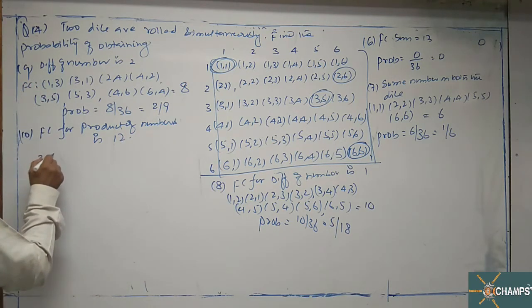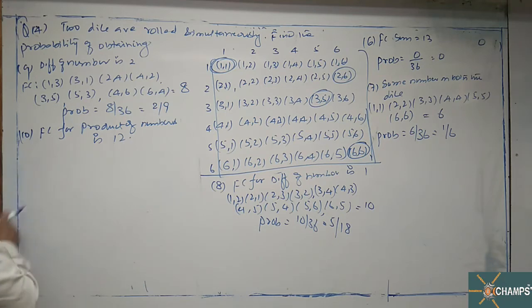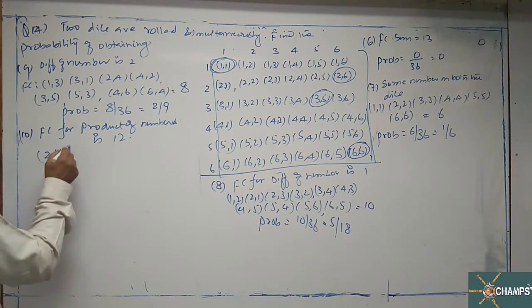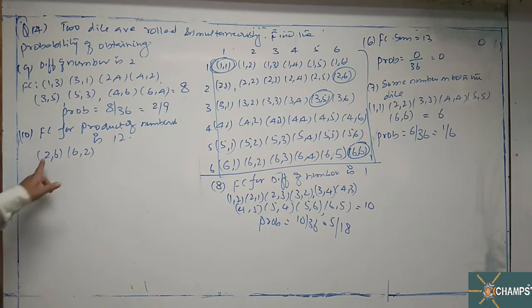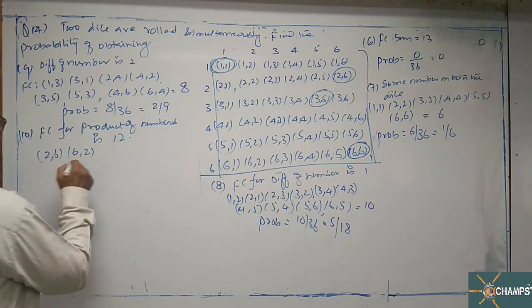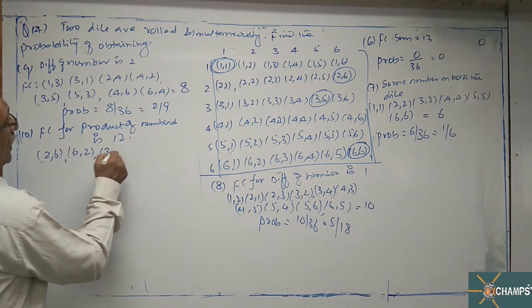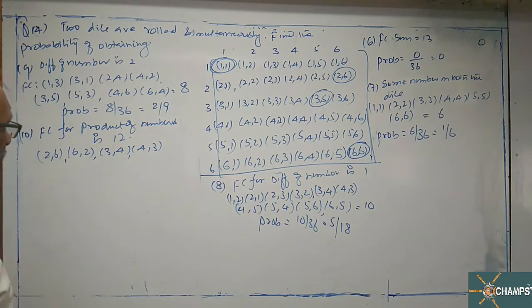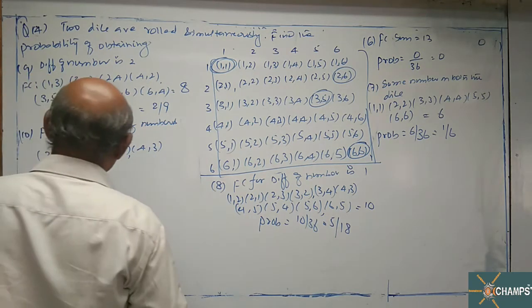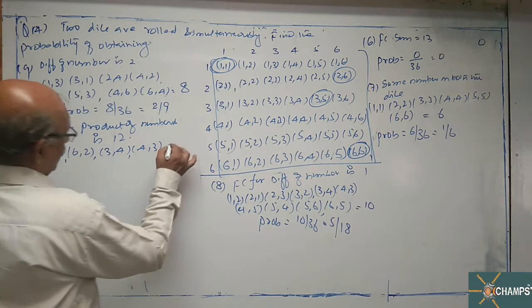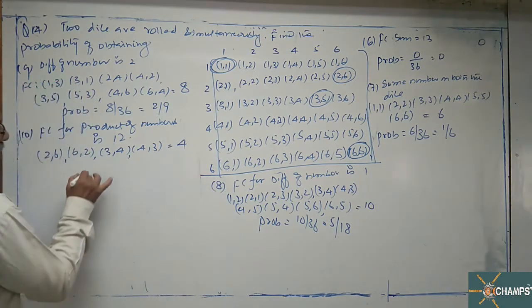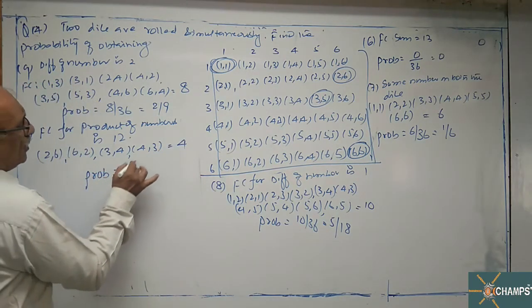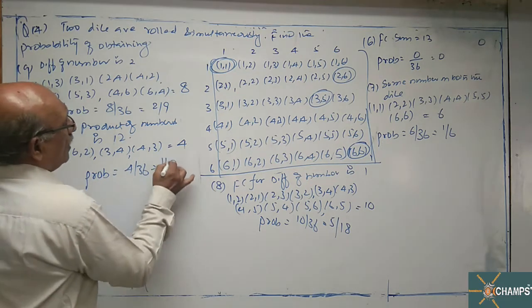So this is 3, 2, 6, 6, 2. Product of these two numbers is 12. 3, 4, 4, 3, 2. That's all, only 4 cases we have. So probability is equal to 4 by 36, 1 by 9.